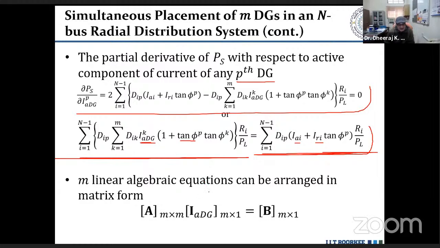These equations we can arrange in matrix form, like matrix A, that is of M cross M, which will contain the coefficients of this part. And this is the unknown vector containing this term for all M DGs, and equal to B, again a vector of size M cross 1, containing this term. This is a constant part.